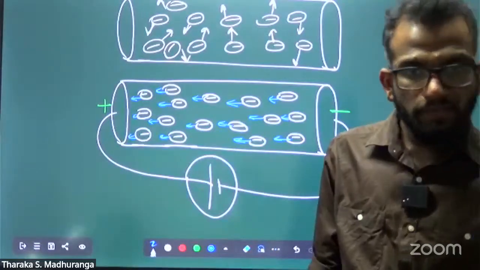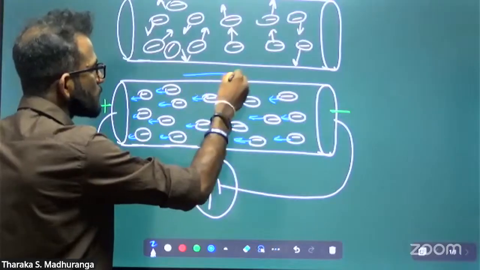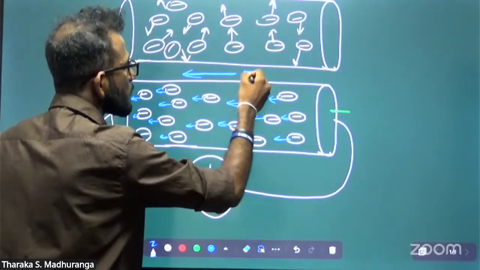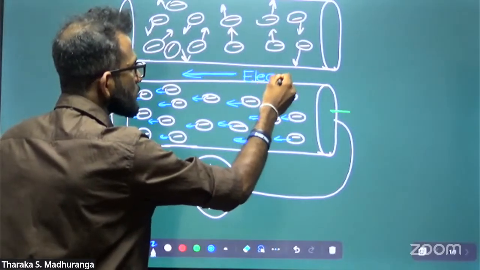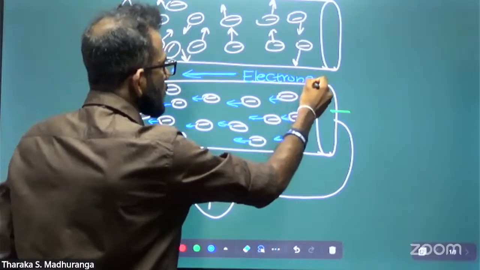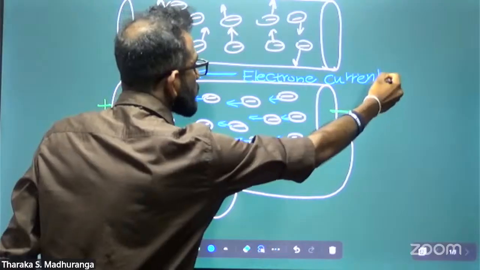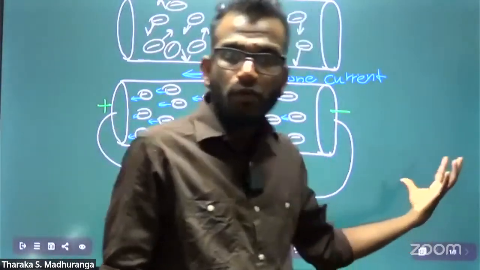That we call the electron current direction. This blue color direction is the electron current, due to the electrons moving.